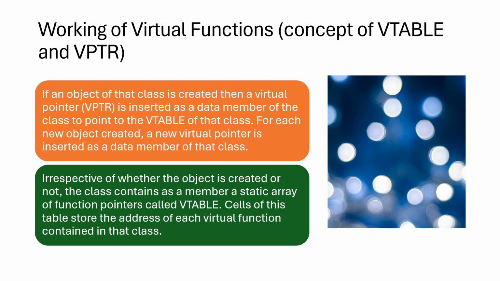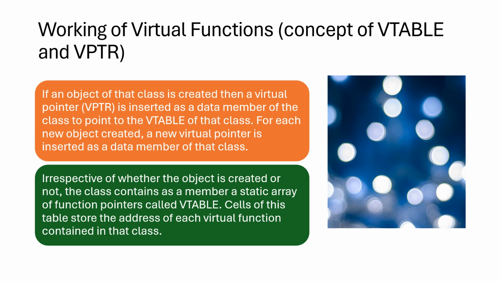For each new object created, a new virtual pointer is inserted as a data member of the class. So when an object of the class is created, for every such creation a virtual pointer is inserted in the data members. This is why we create this pointer, to access the functions in the V table.